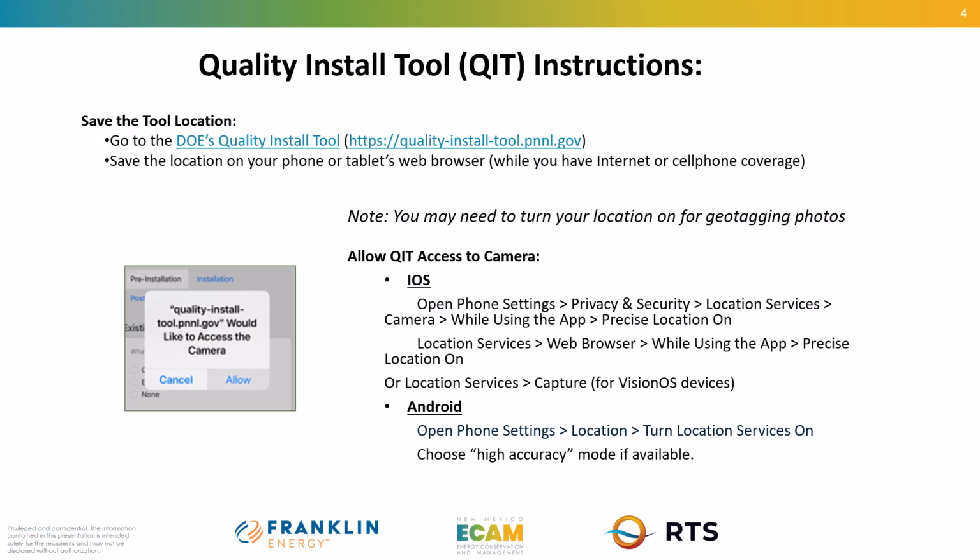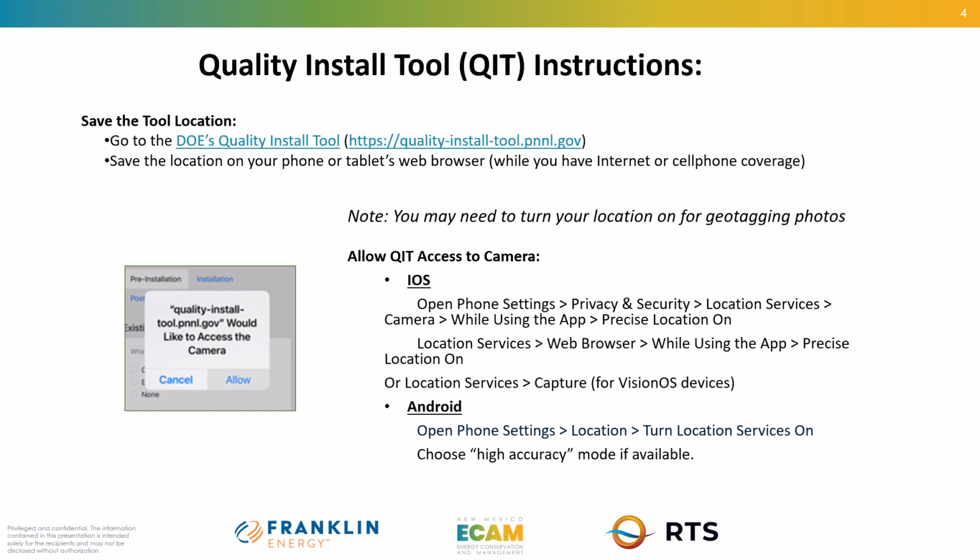When supporting a heat pump water heater installation, go to the DOE's Quality Install Tool, QIT. Here you will save the tool location on your phone or tablet's web browser while you have internet service or cell phone coverage. You may need to turn your location on in its settings for geotagging photos.